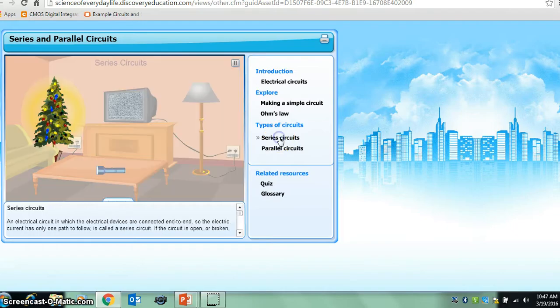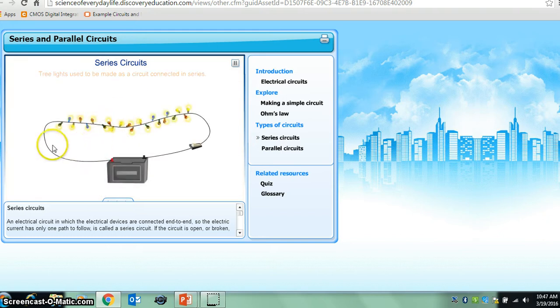We will have a look at the operation of series connection and parallel connection with the help of this video. Looking at a series circuit, an example will be those Christmas tree lamps. The problem with the series circuit is that there is only a single branch or a single way for the current to flow.